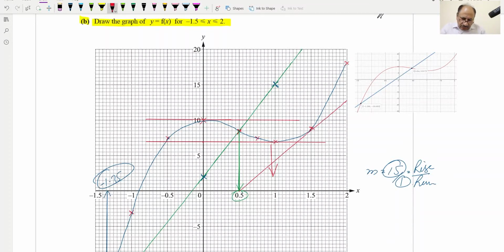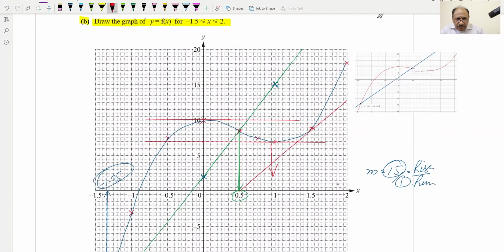And this is basically the tangent which we had drawn. Now we can find the gradient. For that we need to find the slope of this graph, and for that we can draw the triangle.